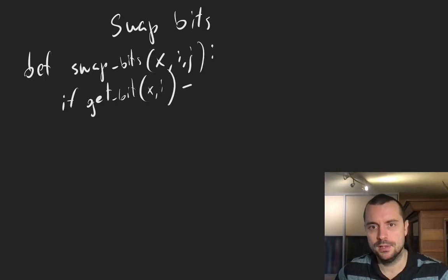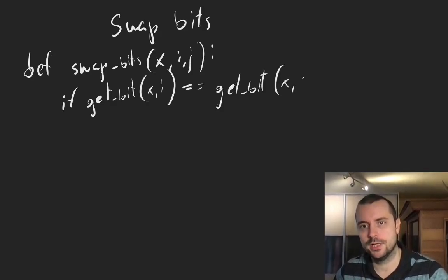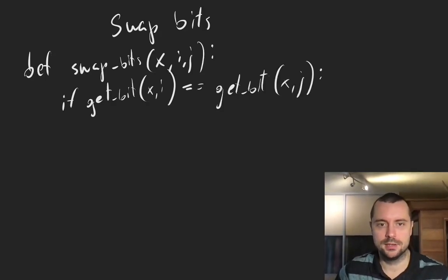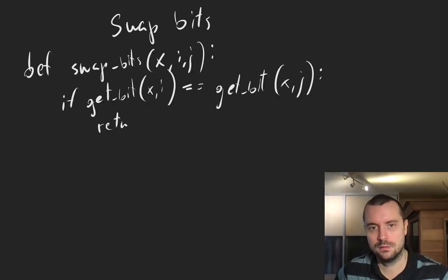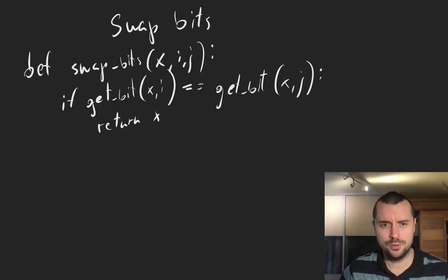Okay, if this bit is the same as the other bit, so X and J, we just return X. We don't need to do anything. But if they're not the same, we create a mask.